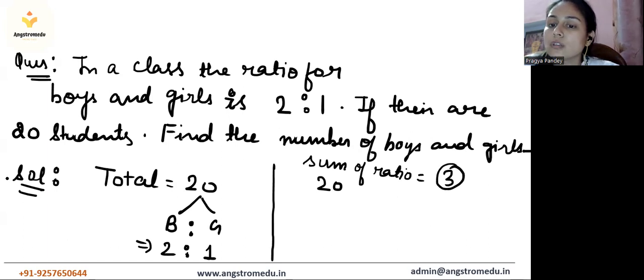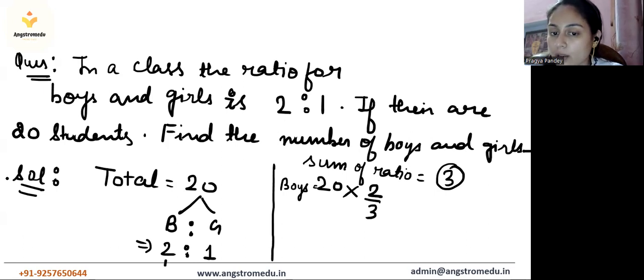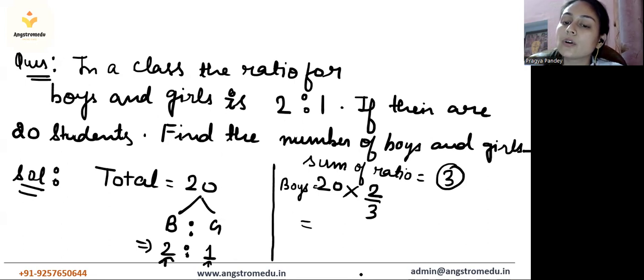Okay. So now total is given to us. Now we are finding boys. How many boys are there? So boys must be from 20 only. So 20 into 2 by 3. This 2 is for boys and this 1 is for girls. So just solve this thing, 2 into 20 will be 40 by 3.